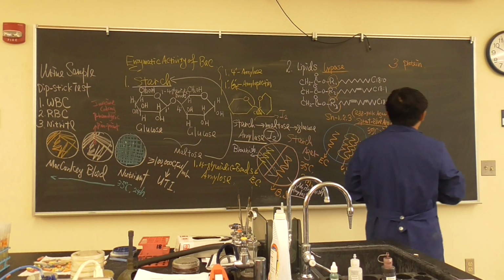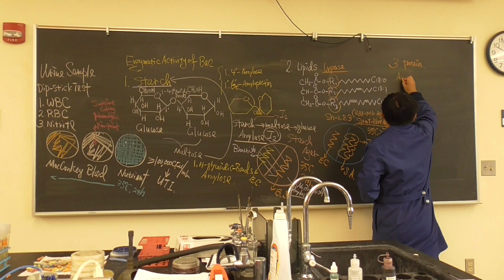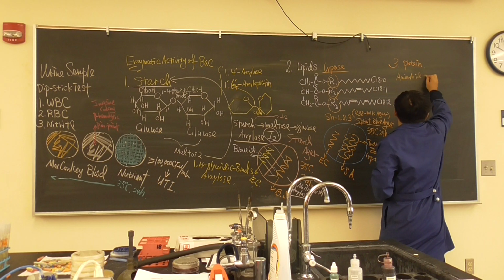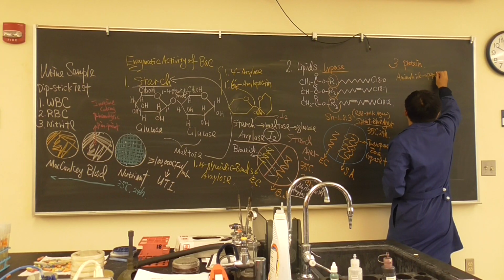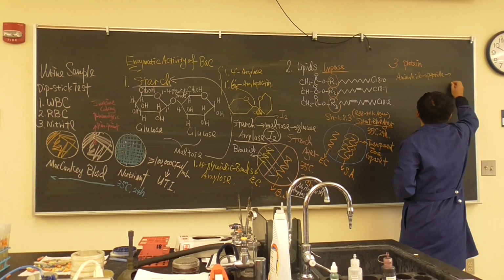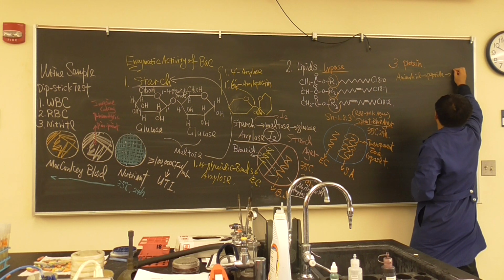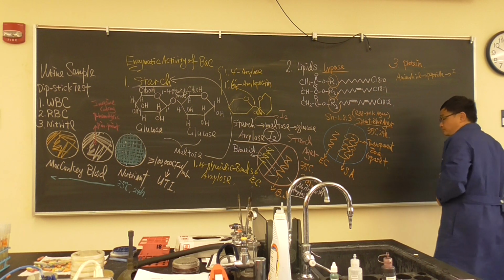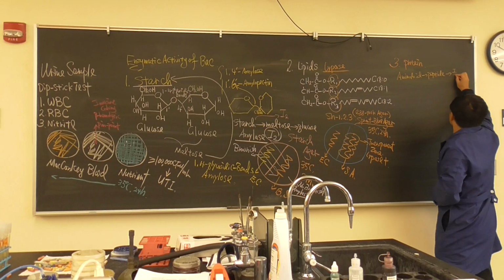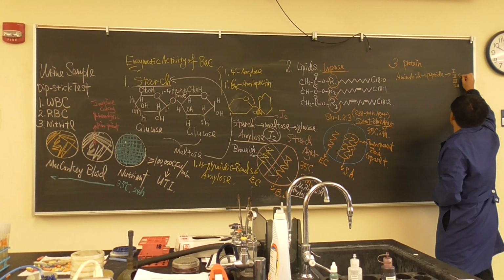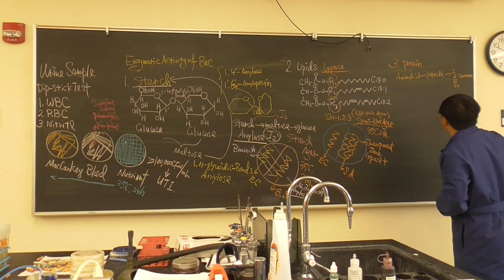Well, protein is composed of amino acids, then goes to peptide, then goes to different structures. Is that right? Go to like primary, secondary, tertiary structure. We'll talk about these later on.